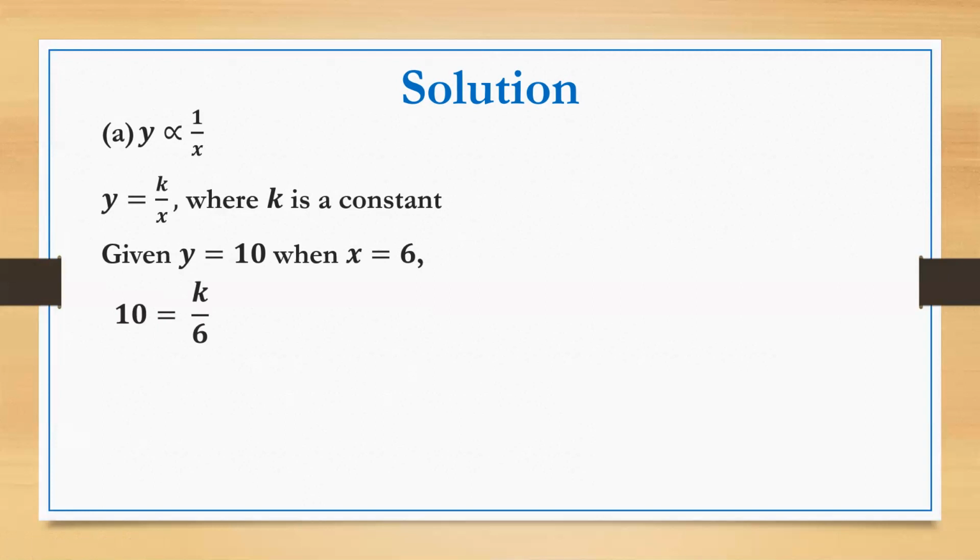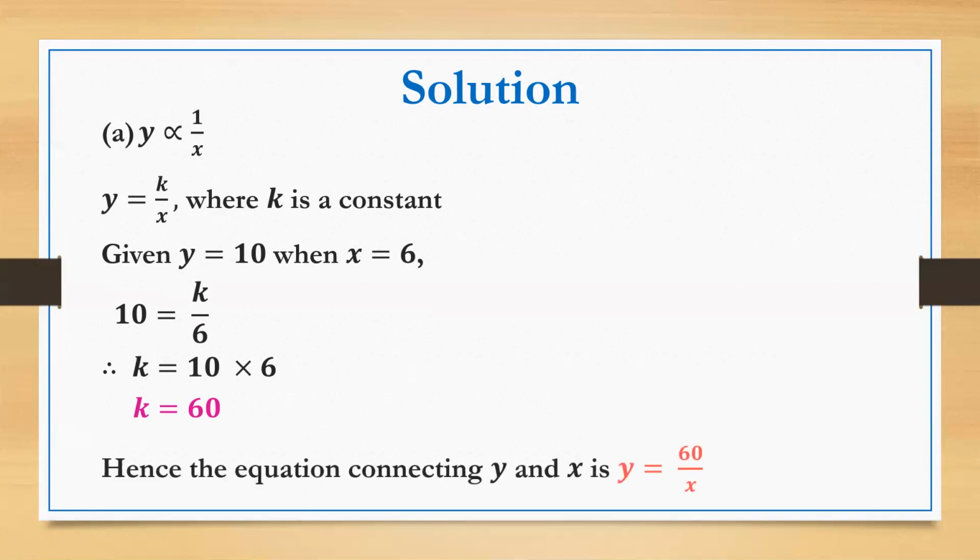We get 10 equal to k over 6. So k will be equal to 10 times 6, which is 60. Now, the equation connecting y and x is y equal to 60 over x.